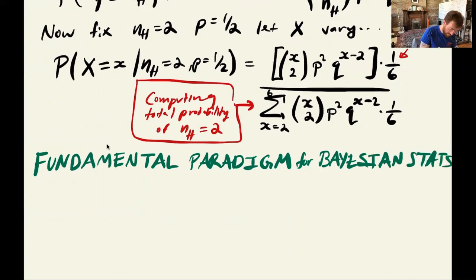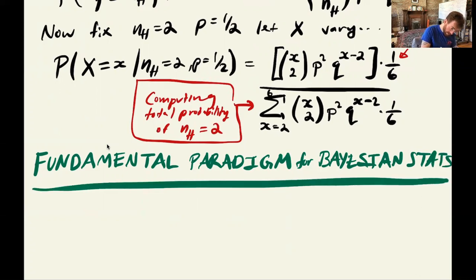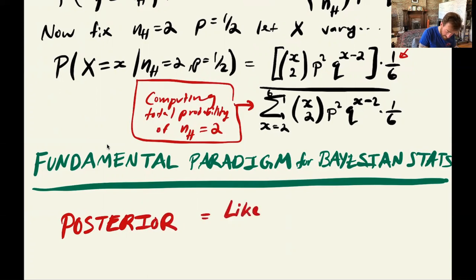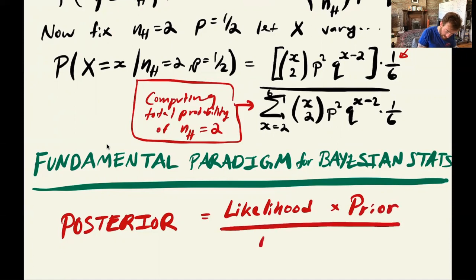And it says essentially this, that the posterior is equal to the likelihood multiplied by the prior divided by the probability of the evidence.